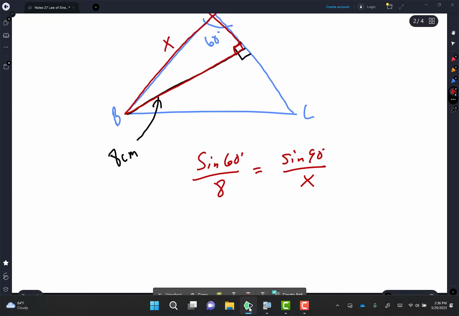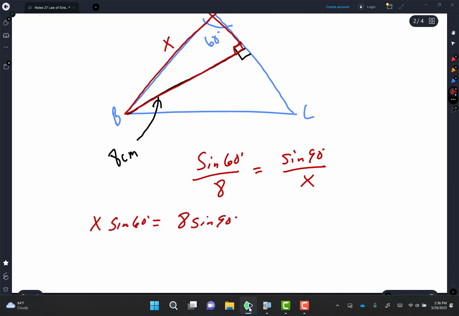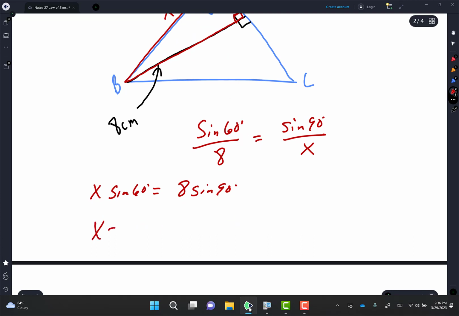So I'm going to cross multiply and divide. So x sine 60 equals 8 sine 90. And the only way to get x by itself is to divide by sine 60. So x equals 8 sine 90 degrees over sine 60 degrees. All right.